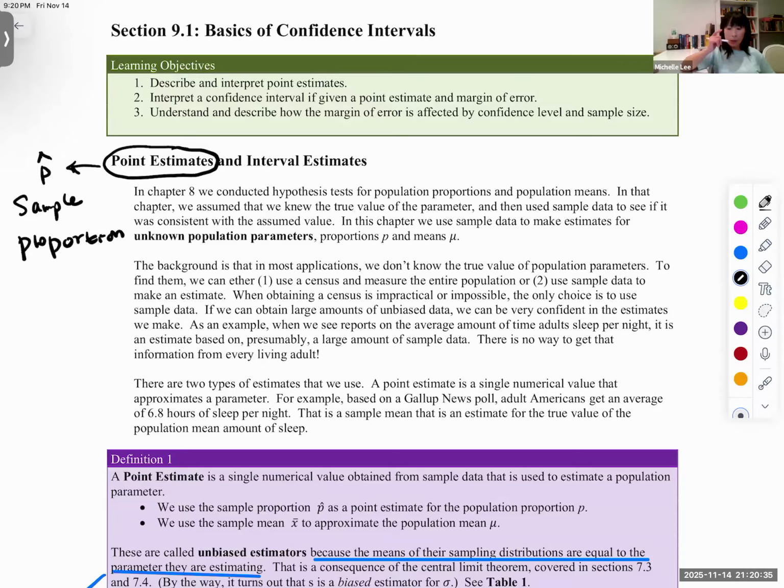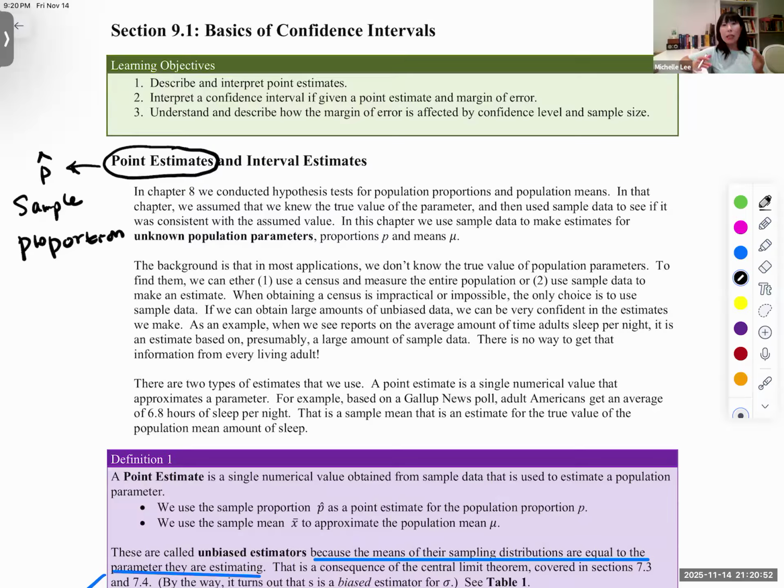So it's a point estimate. But in this chapter, we are going to learn confidence intervals, which are interval estimates, right?